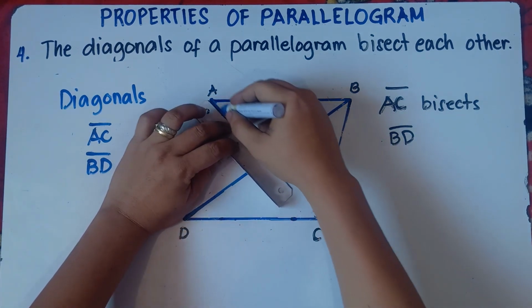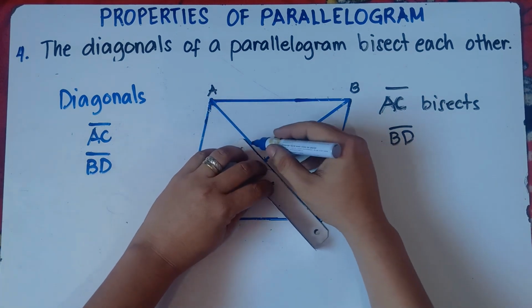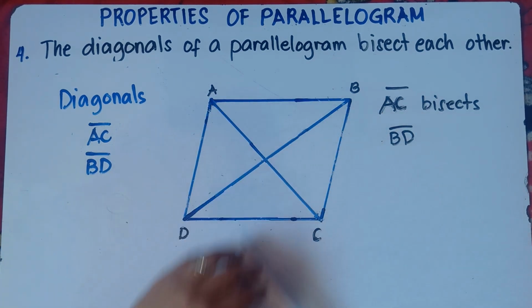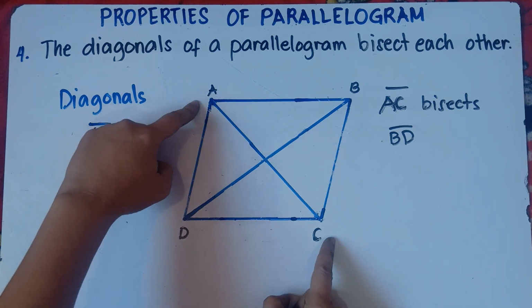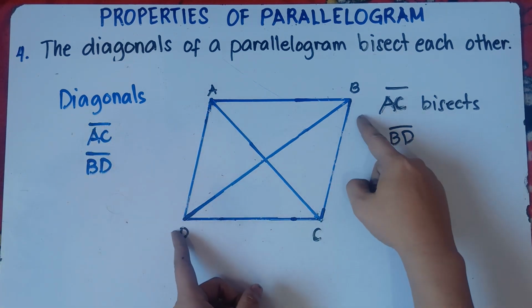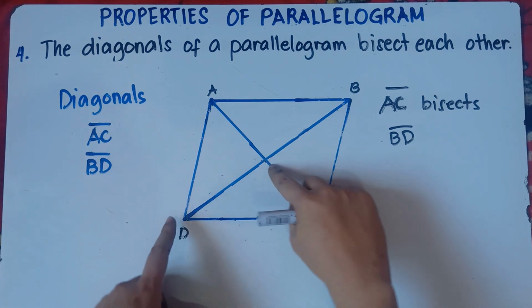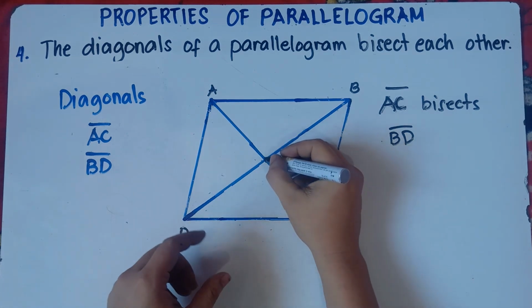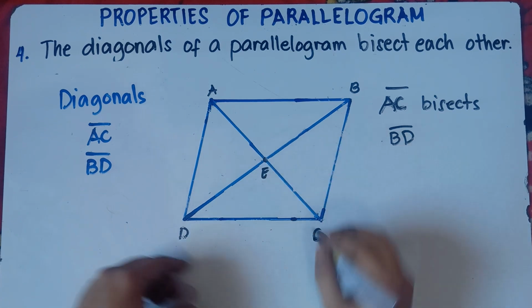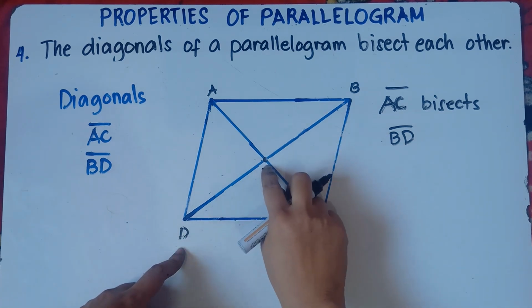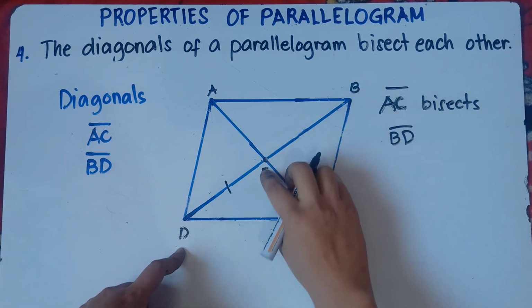Okay, that's the meaning there, class, bisect each other. They cut themselves into two equal parts. So when you draw a line AC, you just cut this BD into two equal parts. Therefore, if we put a point here, class, point E, we can say that DE is congruent to BE.